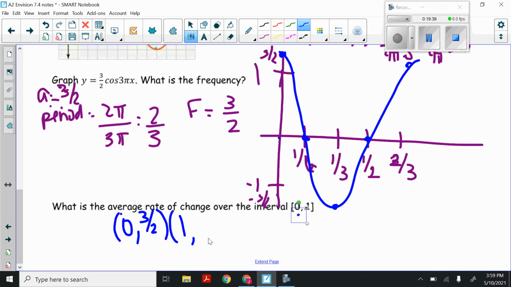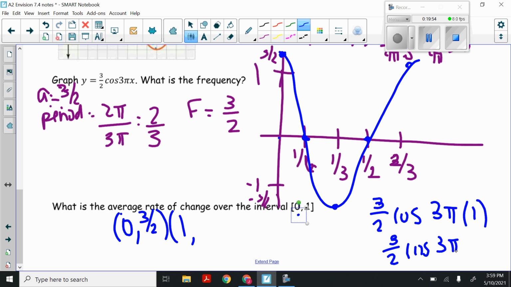So if I went 2/3, or I could just plug it in up here. So 3/2 times the cosine of 3 pi times 1, which is 3/2 times the cosine of 3 pi. So 3 pi, I know is the same thing as pi. At pi, my cosine is -1, so 3 halves times -1 is -3 halves. So this is going to be -3 halves.